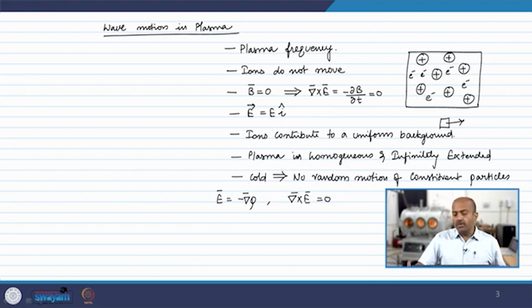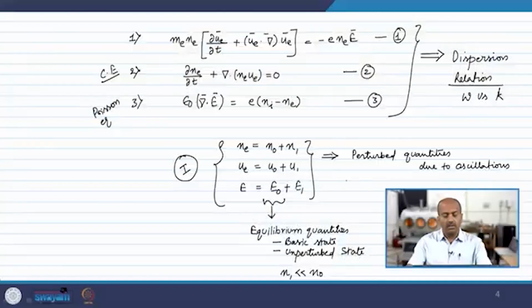For example, we have taken plasma oscillations, which are inherent in every plasma, and we have imposed some conditions so as to develop a mathematical framework to derive a dispersion relation for plasma oscillations. Based on these conditions, we have taken the governing equations that we need to get the dispersion relation, and in these equations there are several variables, and we have picked up those variables which are most likely to be influenced by the perturbation that we create.